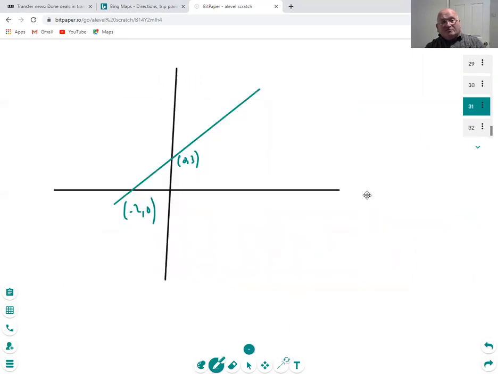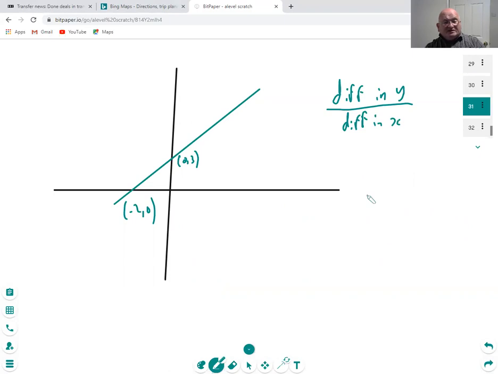Going back to what we're doing here, let's remind ourselves what we did when we found the gradient of the line here. We found 2 points, generally a long way apart. I've not put them a long way apart. I've taken the two axes intercepts here. But generally speaking, you take them a long way apart. And then you apply the rule, difference in y over difference in x.